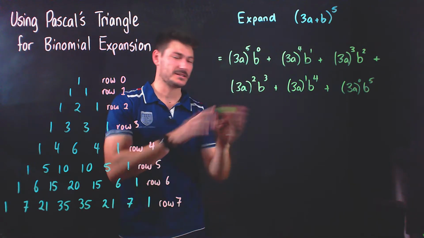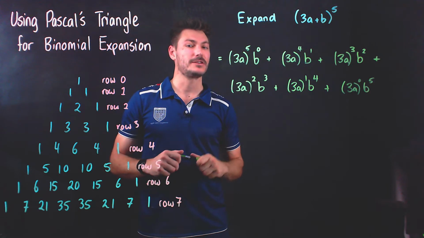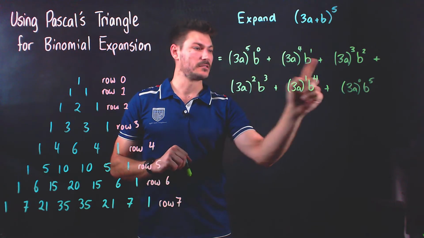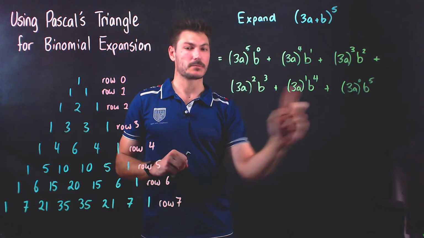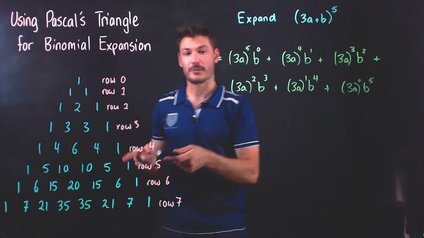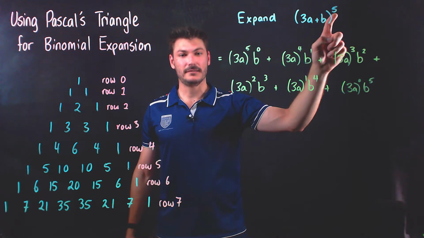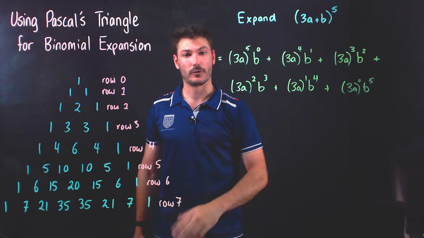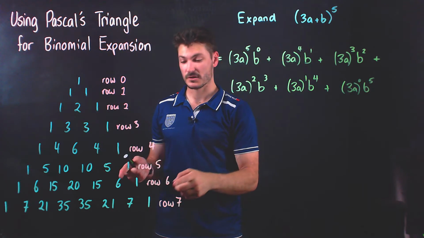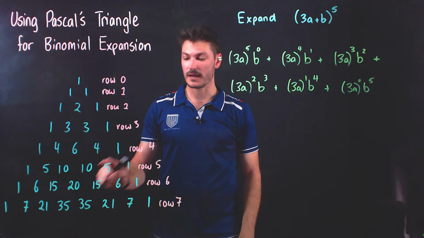Okay, but if I did this and I expanded and simplified, it's not correct. I'm missing one key feature, and that's the coefficients of each of these terms. And those coefficients, as you probably guessed by now, come from Pascal's triangle. Specifically, this index, 5, tells us which row to look for those coefficients. So, row number 5, which matches our index: 1, 5, 10, 10, 5, 1.